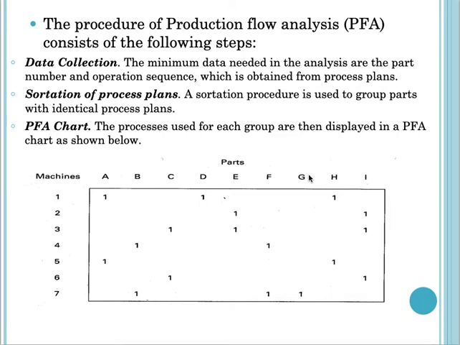In this tabulation, the entries are 1s, and a 1 indicates the part requiring that machine, for parts A to I. So here, if you see, machine 1 is done on part A. Similarly, machine 1 is done on part D, and machine 1 also on part H. Similarly, machine 2 is done on part E and part I. Machine 3 is on part C, part E and part I. The fourth is on part B and part F, only two are there.